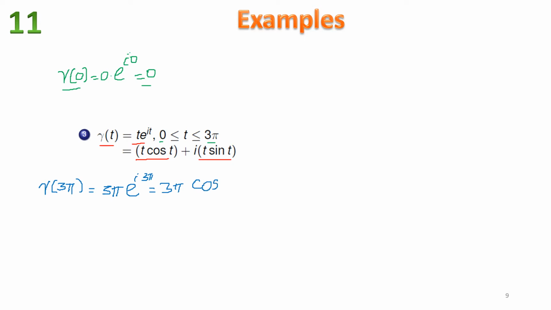I shall take 3 pi common. Both cosine and sine are periodic functions with period 2 pi, so for 3 pi, I can straightaway write pi. So cos of pi plus i times sine of pi. Now cos of pi is -1, and sine of pi is 0. So in all, the result is -3 pi.